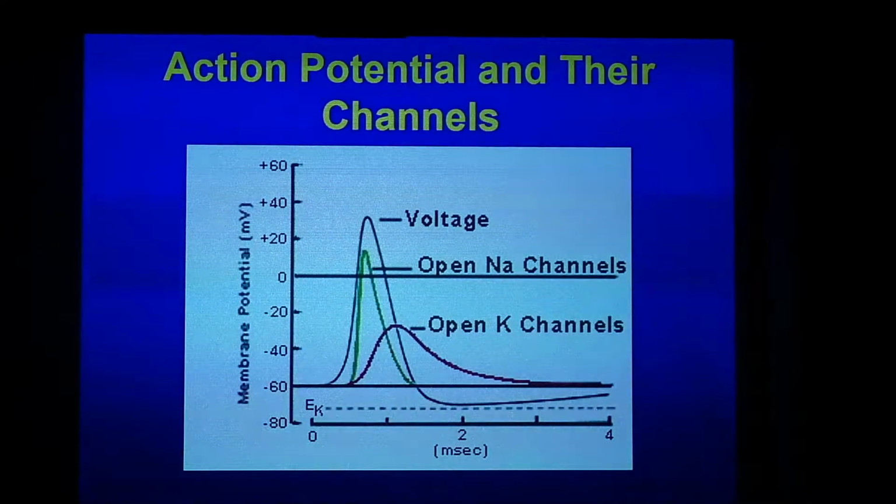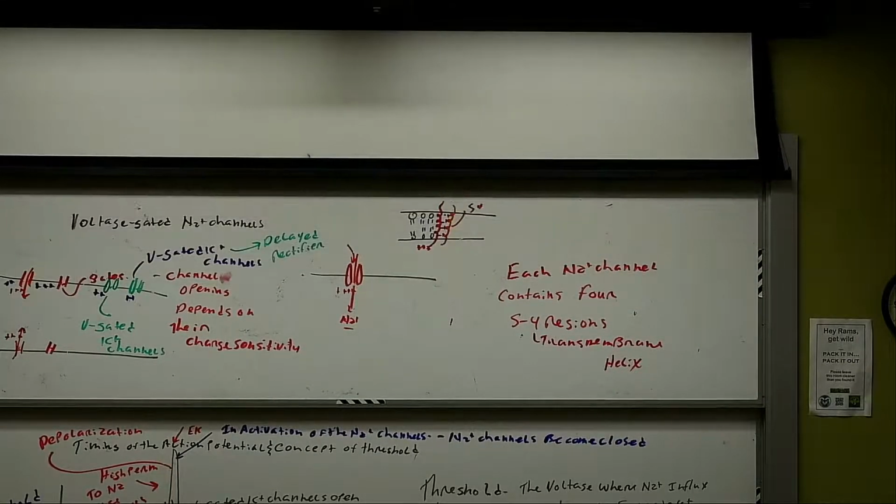So anything else? So this is all a lovely story which tells us how we can change the polarity on the membrane. It tells us how we can change the charge from minus 70 millivolts to plus 40 and bring it back down again.